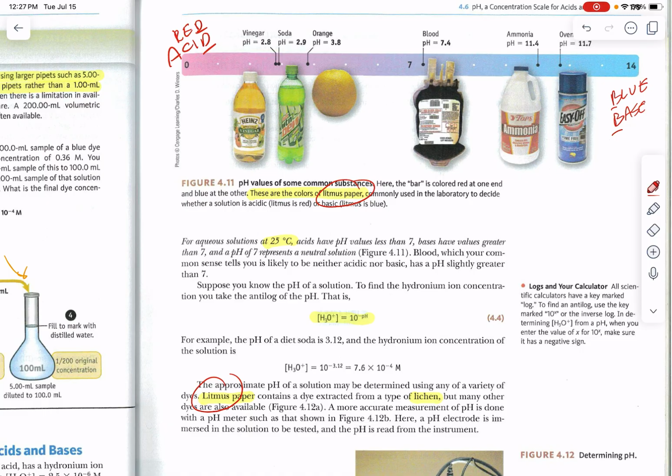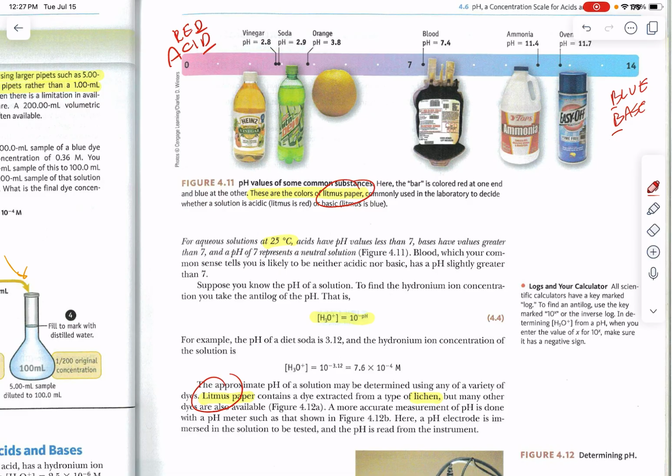And the two organisms together form this thing that we call lichen. And there are certain lichens that when you grind them up, you can extract the dye. So it really isn't a moss. It's a mutualistic or symbiotic relationship between organisms. But from that ground up lichen, we can embed it in paper, and it'll turn red in an acid and turn blue in a base.